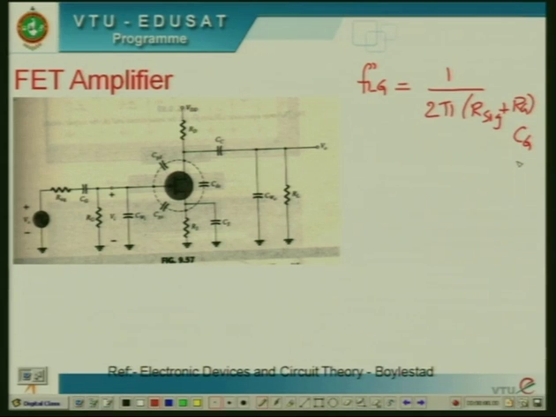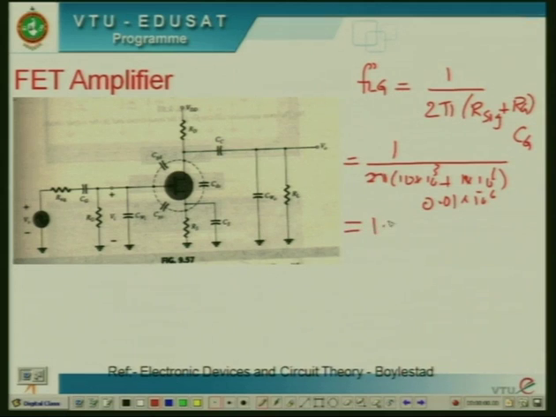We need to substitute the values: this is 1 divided by 2 pi into R signal 10 into 10 to the power of 3, RG is 1 mega, 1 into 10 to the power of 6, multiplied with CG given as 0.01 into 10 to the power of minus 6. If you simplify this, we get the lower cutoff frequency due to the gate capacitor, given by 15.8 Hertz.